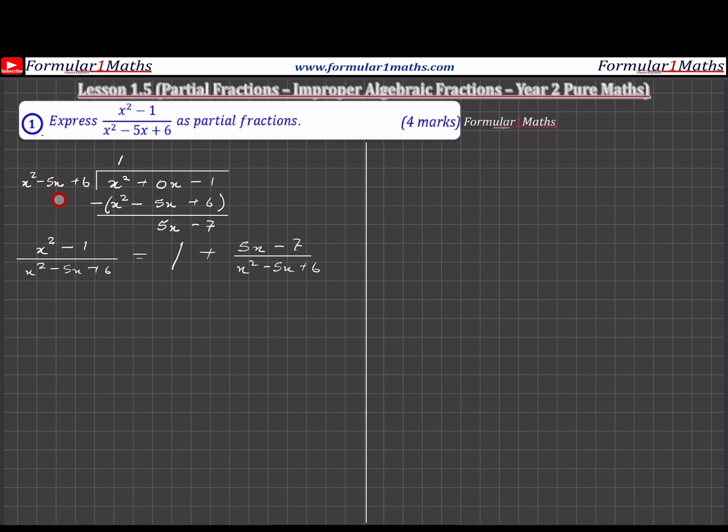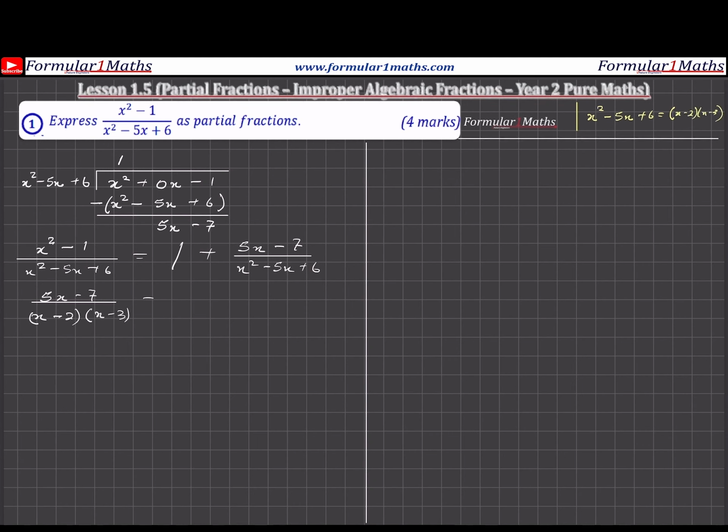But this proper fraction here can be further split into partial fractions. So if you do that on its own, we'll have 5x minus 7 all over x minus 2 times x minus 3, because x squared minus 5x plus 6 can be factorized to get x minus 2, x minus 3.